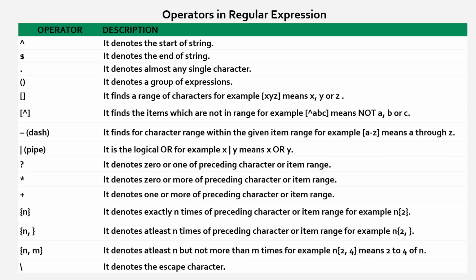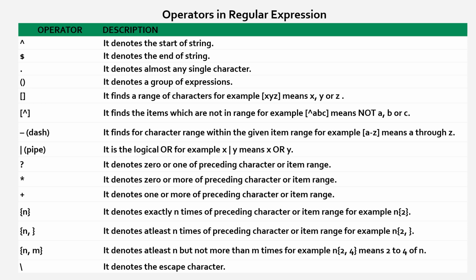Now we are going to discuss operators in regular expressions. Caret symbol denotes the start of the string. Just understand what these operators are for; you will get an idea of how you can use them through some examples.